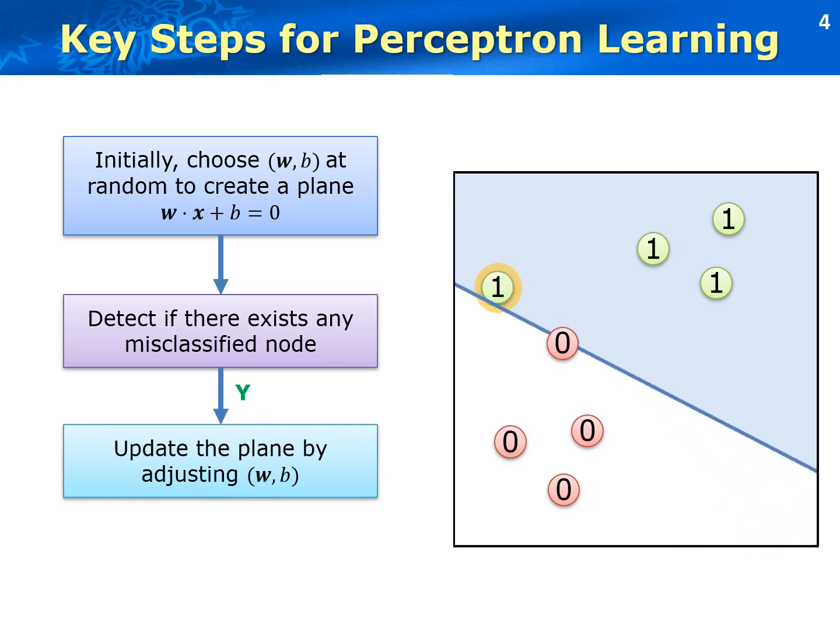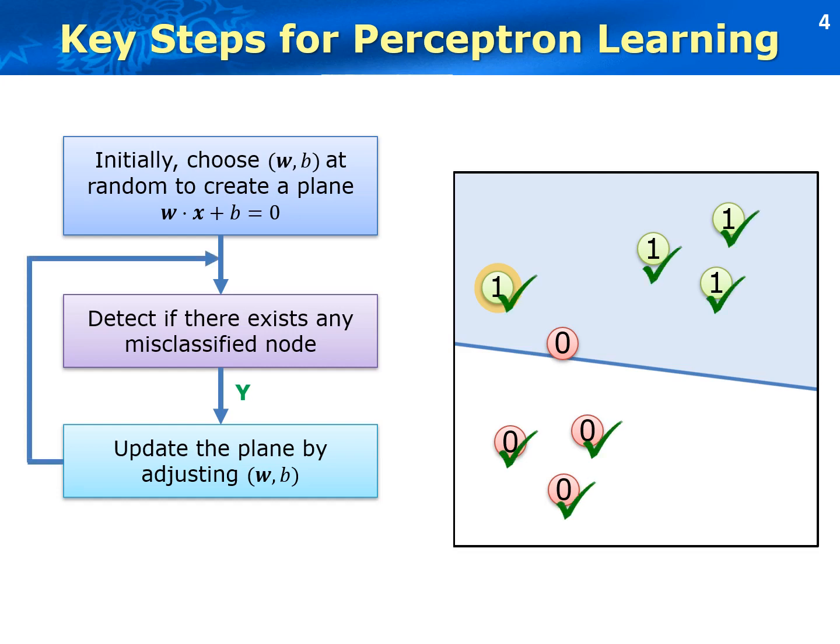After that, we need to recheck if there exists any misclassified points. In this example, we can see that all the green points are within the blue region, and there is only one red point inside the region, which is misclassified as green. Then, we again update the plane to exclude this point from the blue region by adjusting the weights and threshold value, and recheck the existence of any other misclassified node.